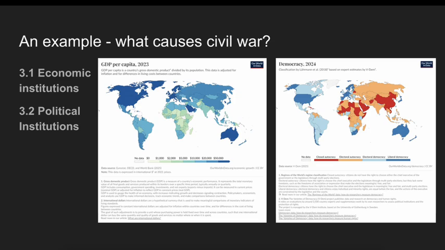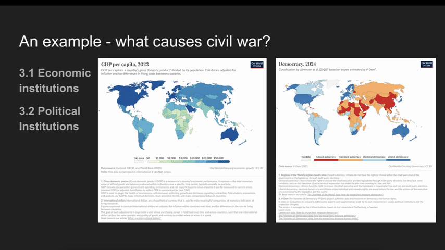There are a number of different reasons why, but if we are trying to explain civil war from a structural perspective, again, we're not looking at people, we're not looking at their backgrounds, or do they weigh the costs and benefits, we're not looking at societies and their beliefs and political cultures or their ideologies. We are looking at factors at the country level, such as gross domestic product per capita, or GDP per capita, right? We could also look at political institutions.